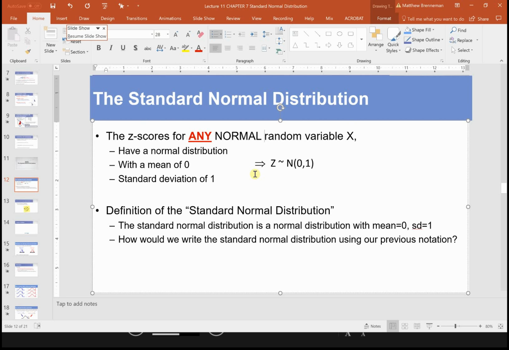Because it's the same distribution for every random variable, we call this the standard normal distribution. It's the only one that's named. Notice when you go to StatCrunch, that's the default, with mean 0 and standard deviation 1, because we use it a lot. So the z-scores from a normal random variable always have this distribution, and we're going to use this a lot.